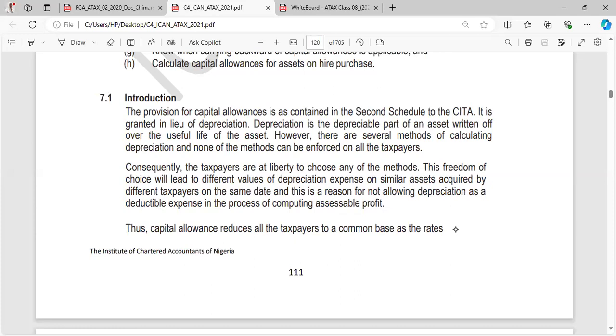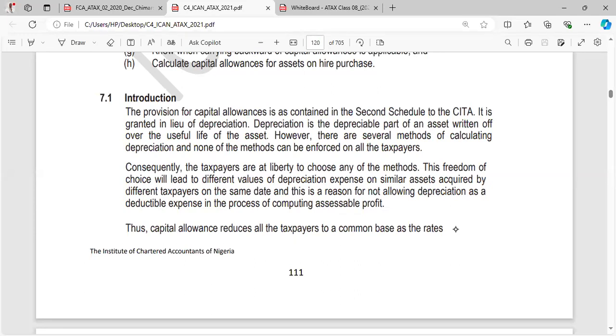Let's say, for example, two companies bought the same vehicle on the same day, and these two companies are into the same thing. They have a similar basis period, and one of them is using the straight line method, the other one is using the reducing balance method.